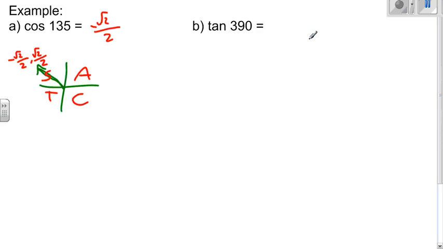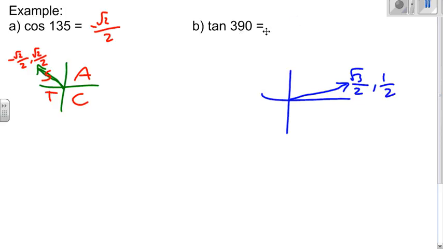Next, let's look at tangent of 390. If you were to graph that, it goes all the way around the circle, and then that'll be 360, so that'd be 30 more degrees, which would match up with pi over 6, which is square root of 3 over 2, 1 over 2.